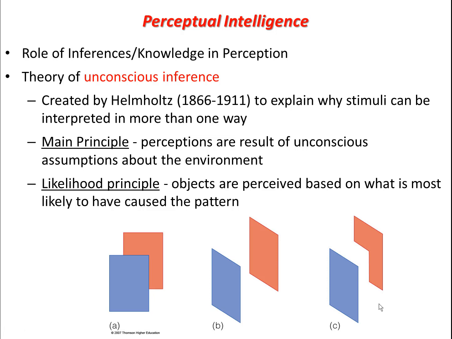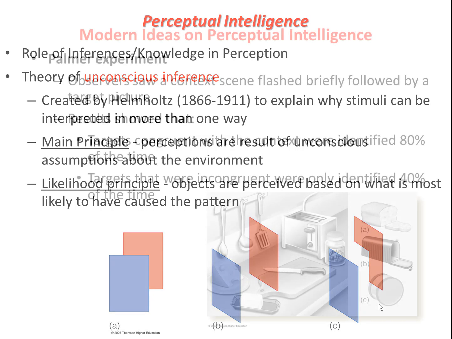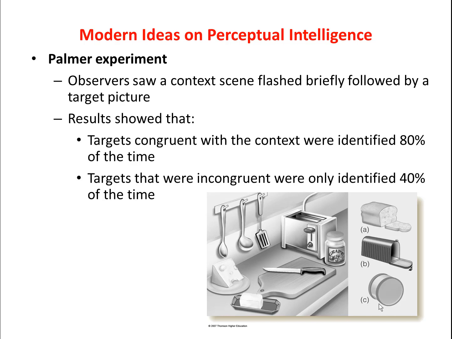So objects are perceived based on our experiences, what we think is the most likely explanation for that pattern of activation in the brain. Palmer did some experiments about this and took it a step further and showed that observers, when they are shown a context scene, tend to recognize targets which are congruent with that scene much more easily than targets that are incongruent with that scene.